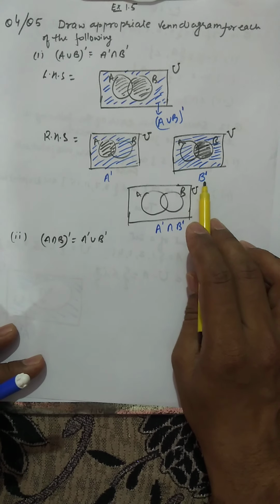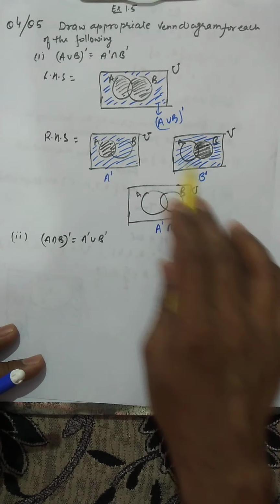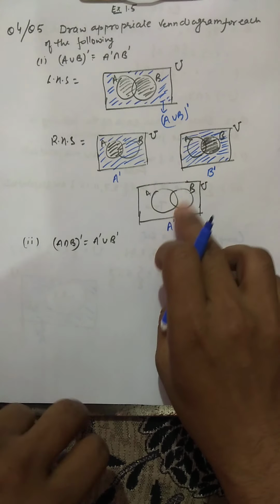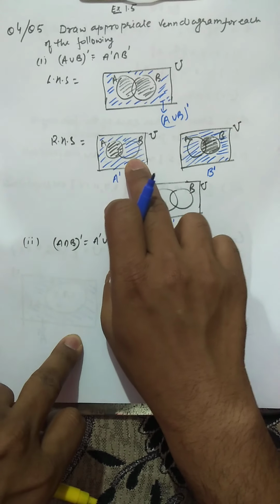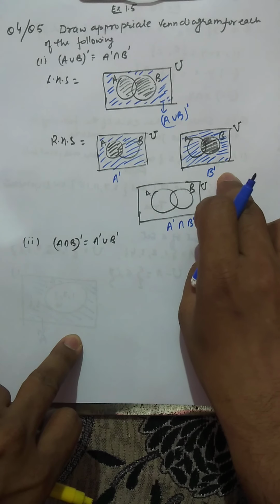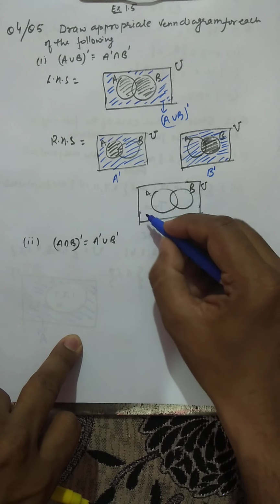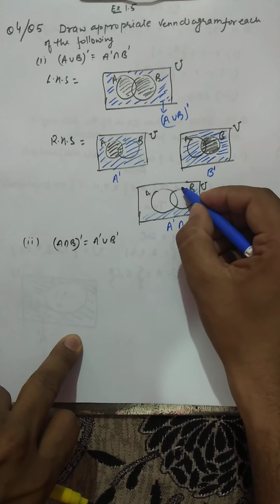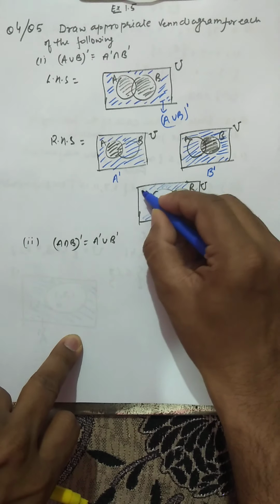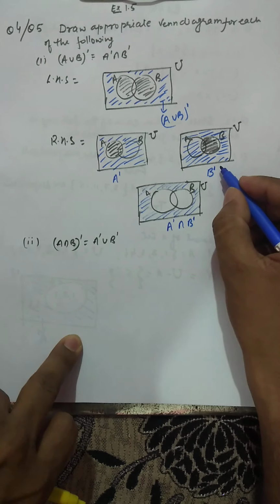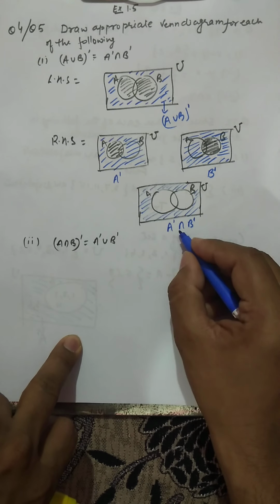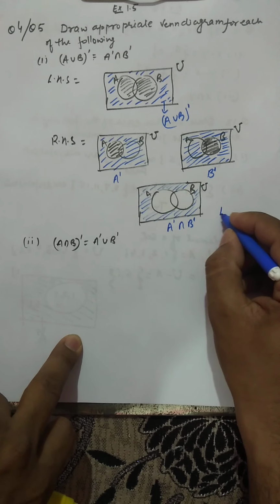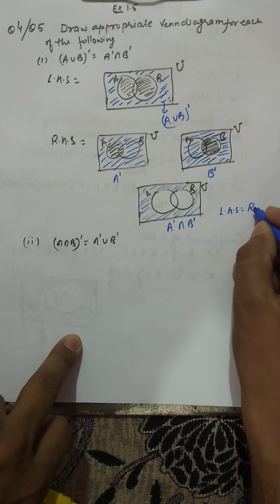You just take your time to figure it out. You have to see what is common between this A complement and this B complement. So you will find that this is your common area, in both A complement and B complement. So you can see that your LHS and RHS are showing the same area. So you can say LHS equals RHS.